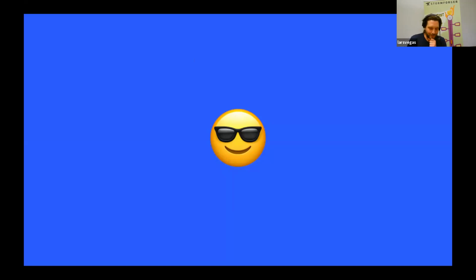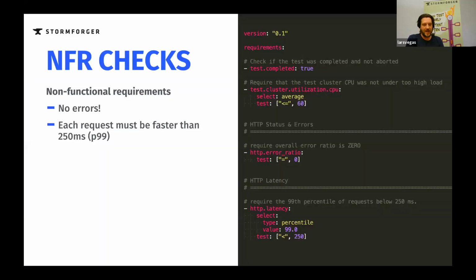So one step further, which in our complex world right now is a bigger problem, is that after we found out what kind of requirements we had, we can really check these requirements. So you can define your non-functional requirements, where you're saying, okay, we expect no errors, and we expect every one of the requests in the 99th percentile in under 250 milliseconds, for example.